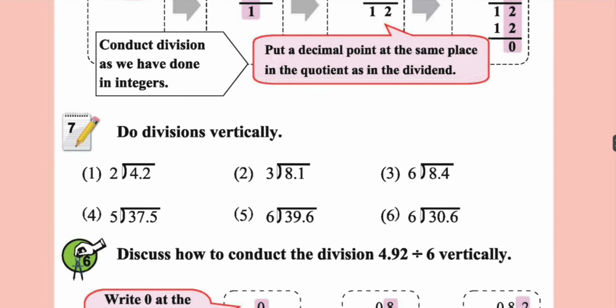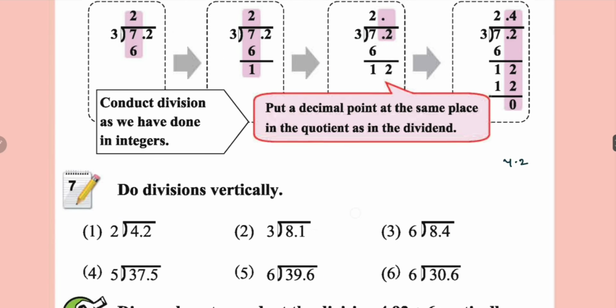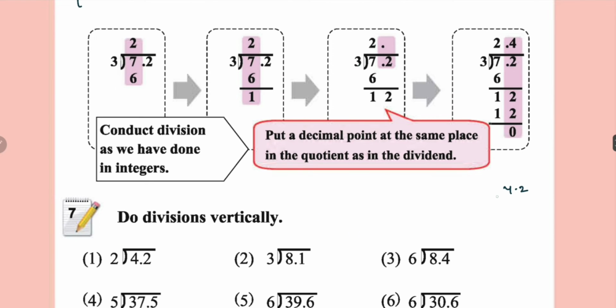What about vertical division for this number 4.2? We will proceed in the same way. 2 2s are 4, 4 comes down, 4 minus 4 is 0, no problem.